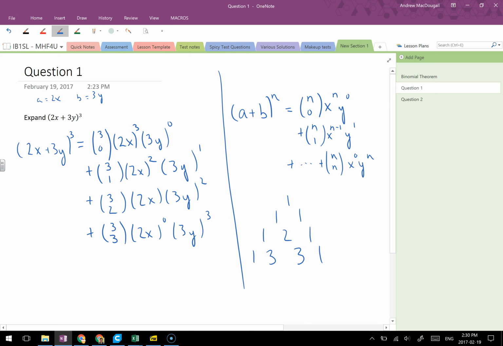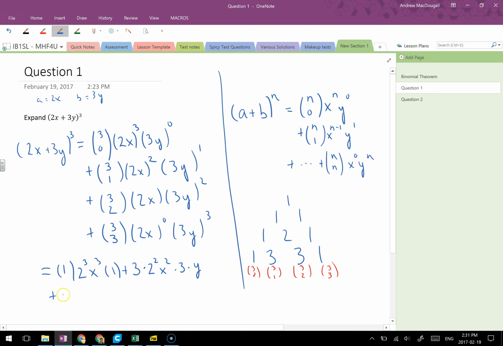Okay, now let's simplify. This term is 3 choose 0, this one's 3 choose 1, this one is 3 choose 2, and this one is 3 choose 3. So 3 choose 0 is 1. Now this is 2 cubed x cubed times 3y to the 0, which is just 1. Plus, okay, 3 choose 1 we see is 3, times 2 squared x squared times 3 times y if we expand all the brackets.